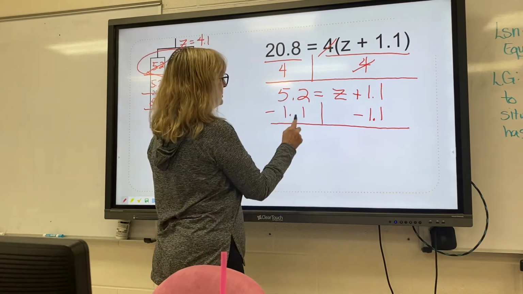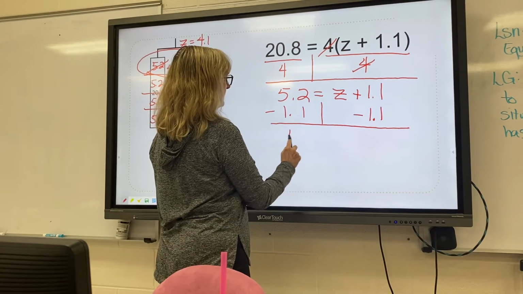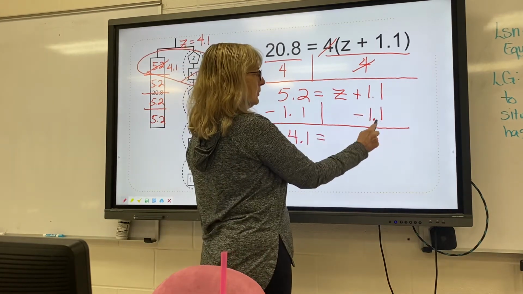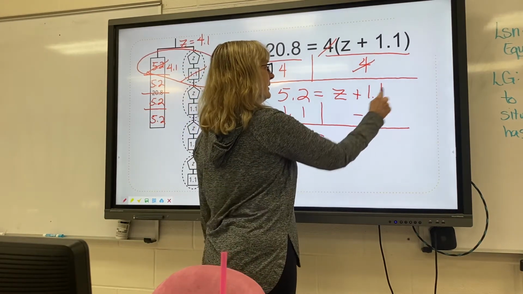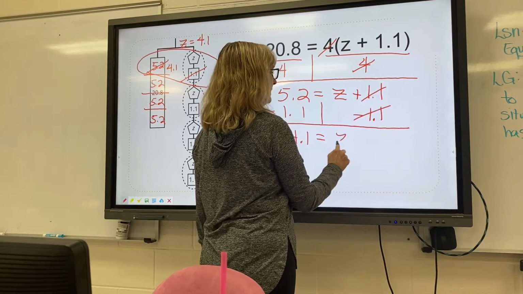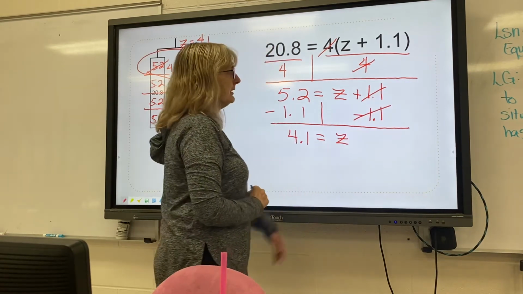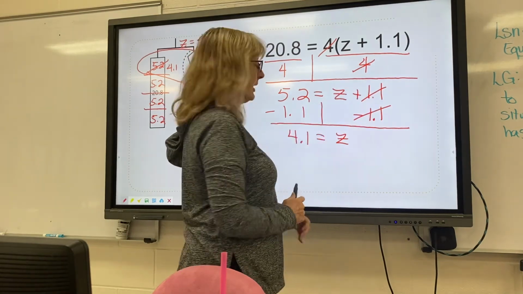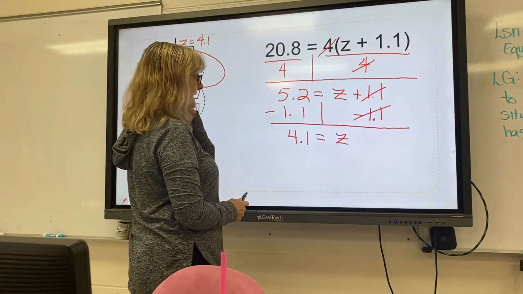Well, 5.2 minus 1.1 is 4.1 equals 1.1 minus 1.1, those cancel each other out, and I'm left with z. Notice I lined up my like terms that I could subtract, okay? It makes it a little bit easier and neater.